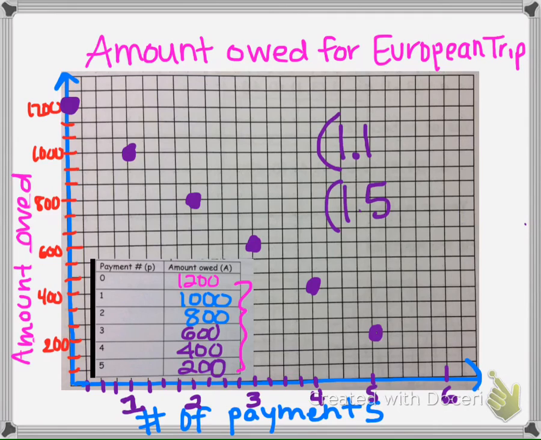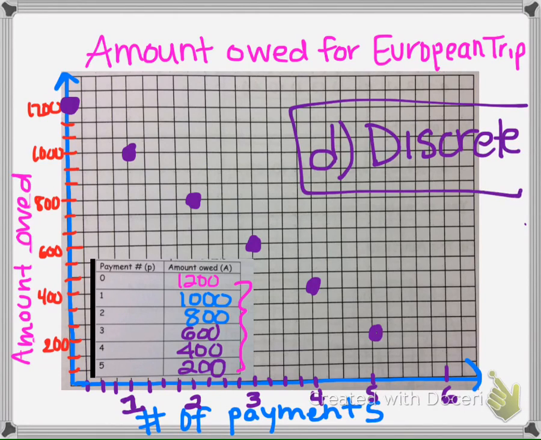Since we don't need any of these decimal values, that is why we're not connecting these points. So for part D, it asks if it's continuous or discrete, and we would say discrete because we don't want to include what's in between, because she's not going to continuously be paying her aunt throughout the month. She's just going to give her the one-time payment. We're going to count her payments. Payments are counted.